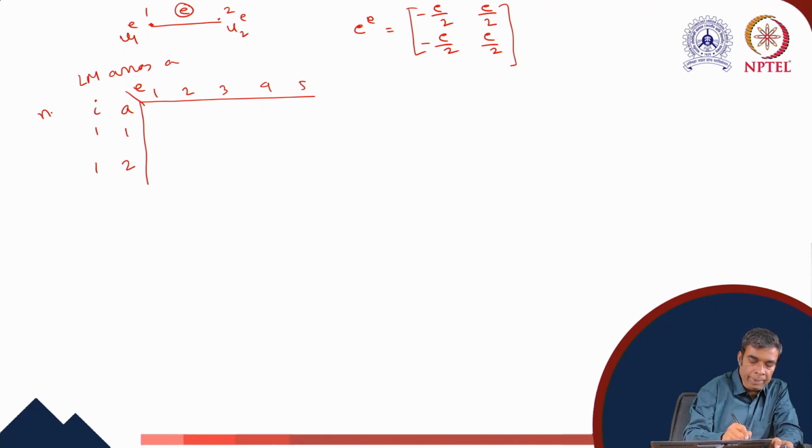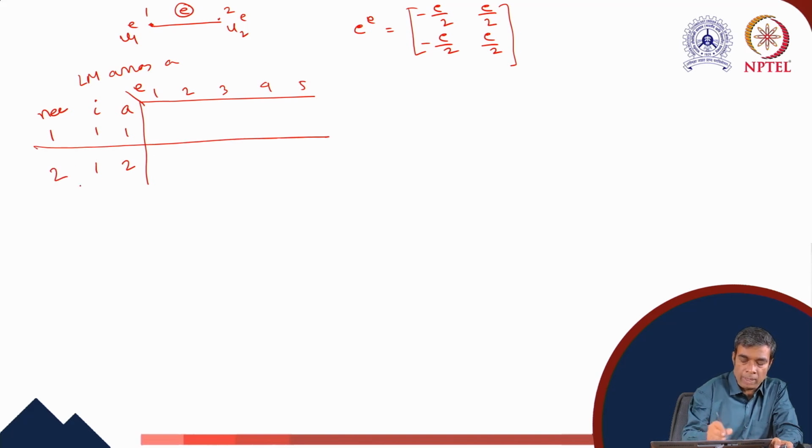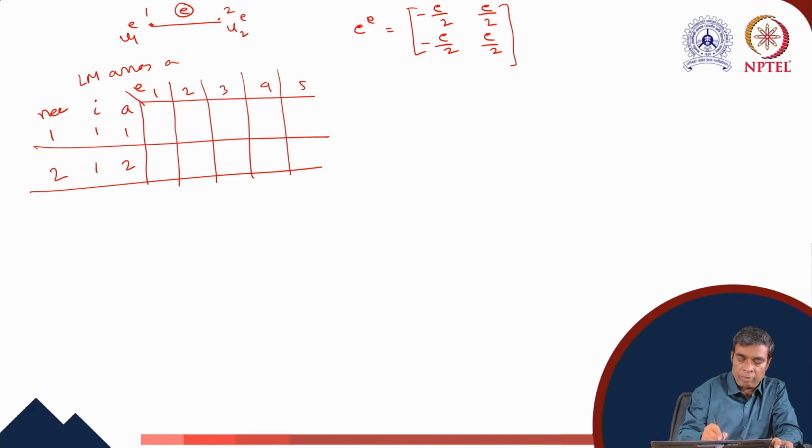A number of element equations. This is 1 to 2. So we have the global equation numbers present in the boxes. So first and last nodes, they are of essential type. Equation number is 0, 1, 1, 2, 2, 3, 3, 4, 4 and 0.